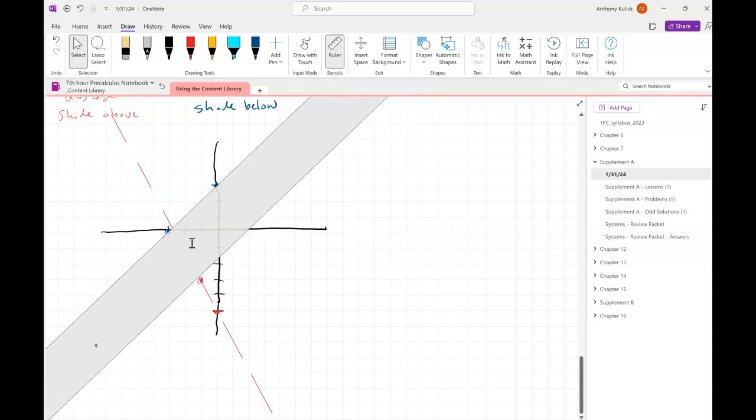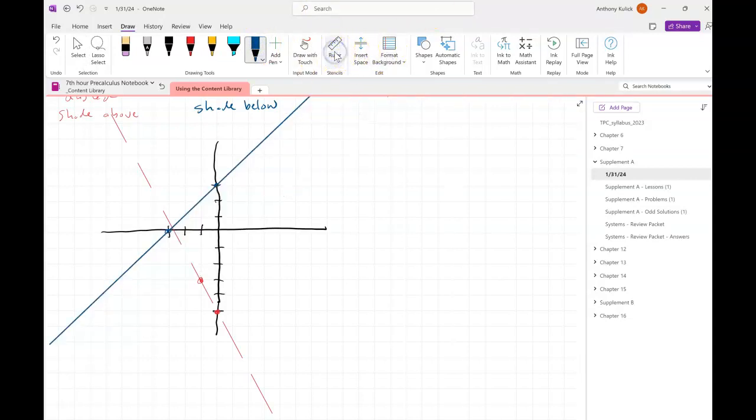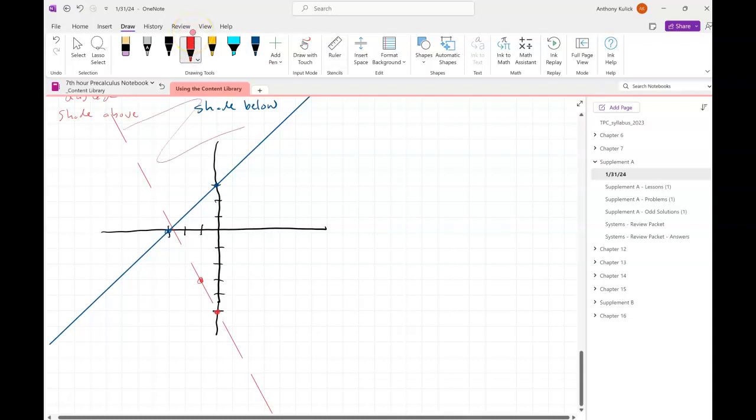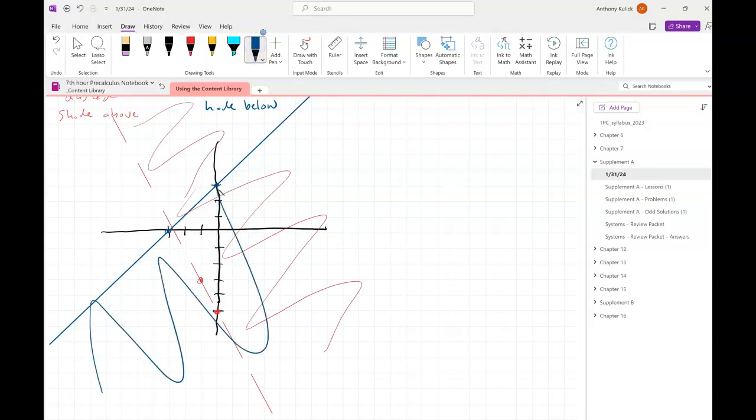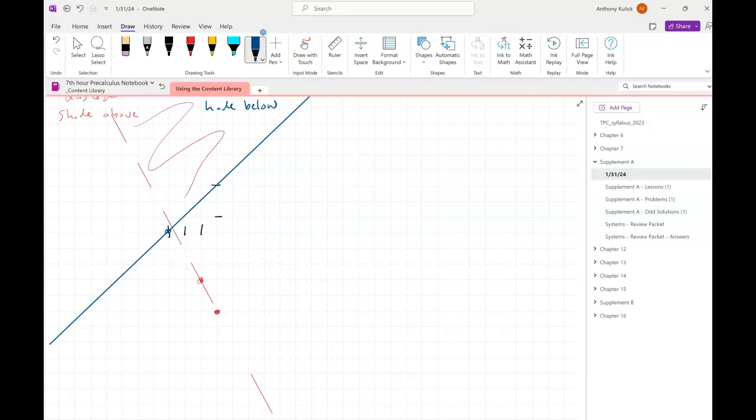Okay. This one was solid. So far, so good. Now we're shading above the red, so like that. And we're shading below the blue, so like that, right?